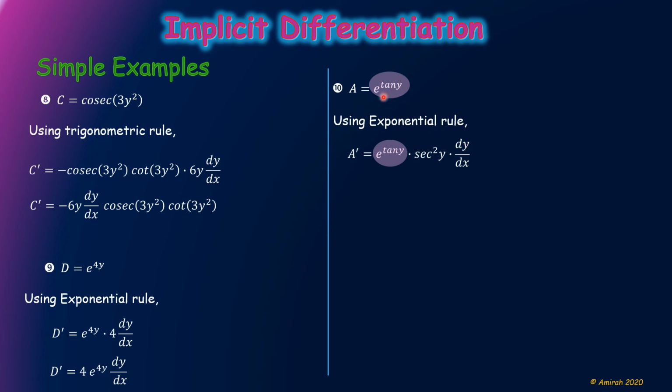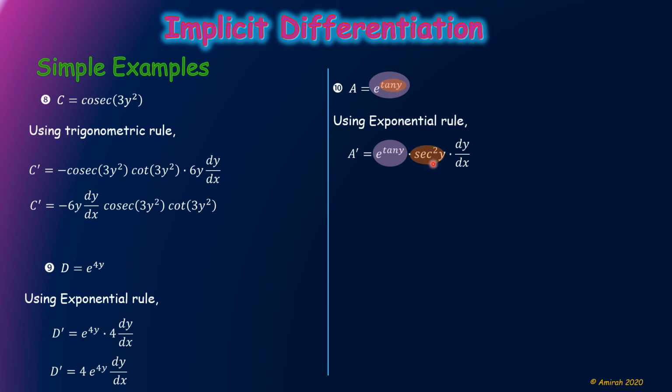Alright, first step, when we differentiate e to the power of tangent y, we can refer to the derivative of e to the power of single x, and we will get back e to the power of single x. So if we differentiate e to the power of tangent y, we will get back e to the power of tangent y. After that, we differentiate tangent y.